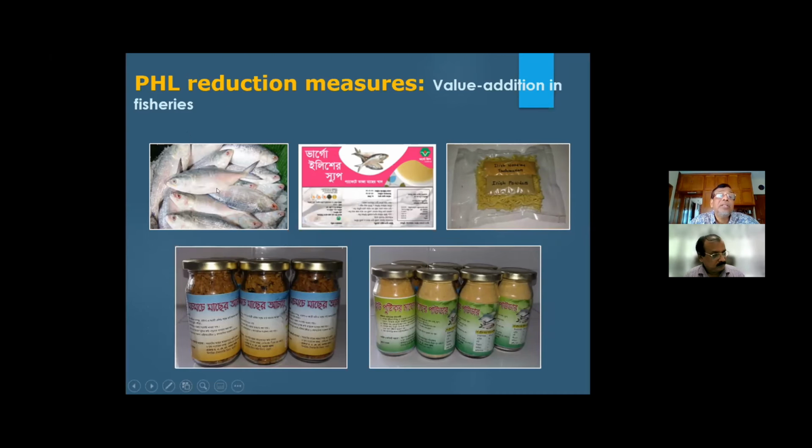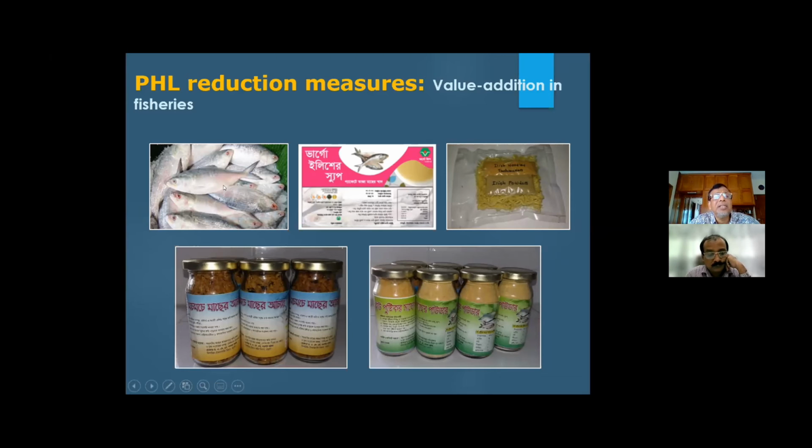We have studied value addition of Hilsa. It was a government Department of Fisheries program. Hilsa has a lot of pin bones, and it is very difficult for children to eat. Children always avoid Hilsa because of the huge pin bones, and diseased or elderly people cannot eat it, or even foreign people, although they like Hilsa very much because of its mouth-watering flavor and superb taste.